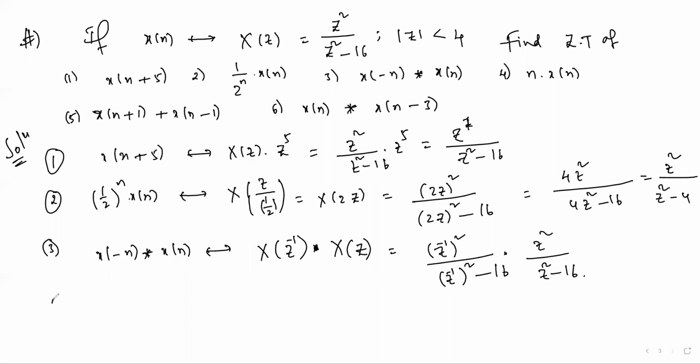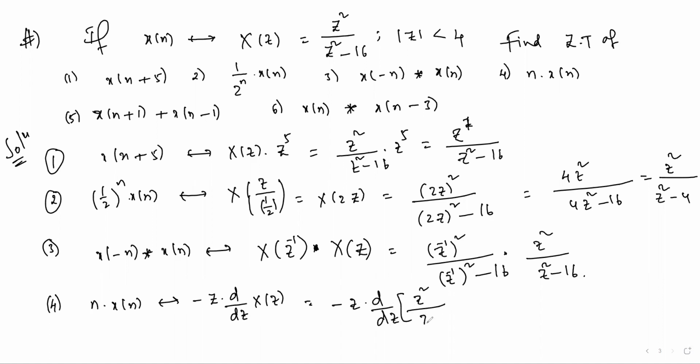Next, fourth one. N into x of n. Differentiation property, we have minus z d by dz of x of z. Fine. That means minus z d by dz of x of z is what? Z square by z square minus 16. You know, derivative of u by v.